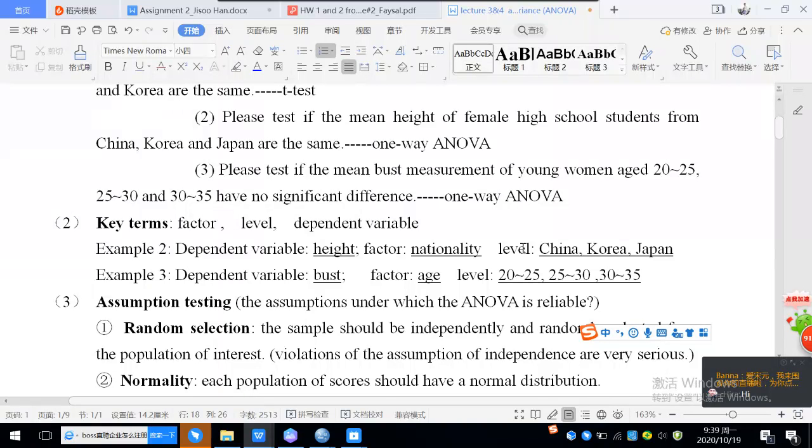And we have 3 levels: China, Korea, Japan. Example 3: the dependent variable is bust. The factor is age. The levels are 20 to 25, 25 to 30, 30 to 35. Okay, understand?